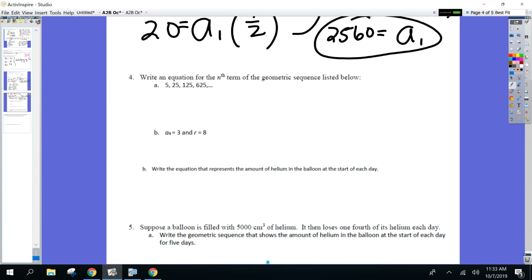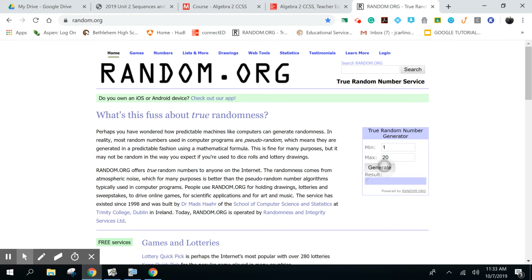All right, just like we did for arithmetic, write the equation for the nth term. There it is off the formula sheet. N stays N. I just need your help plugging in everything else. Okay, here we go.